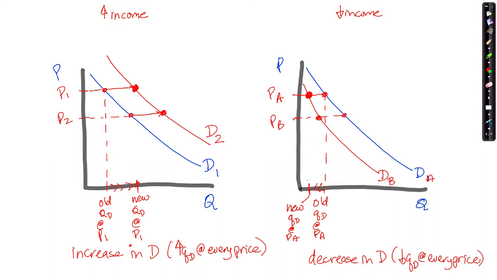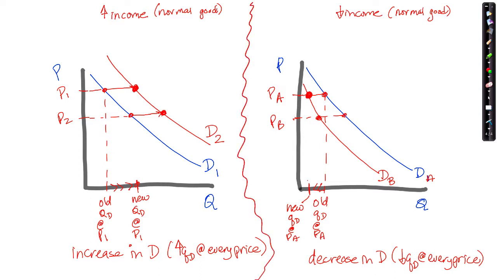So an increase in income increases demand if it's what's called a normal good, something like yogurt. A decrease in income decreases demand, again, if it's a normal good. Let me put a little squiggle here so you can see that I've got two different things going on.